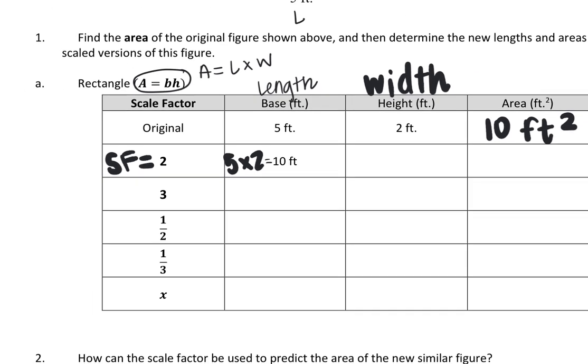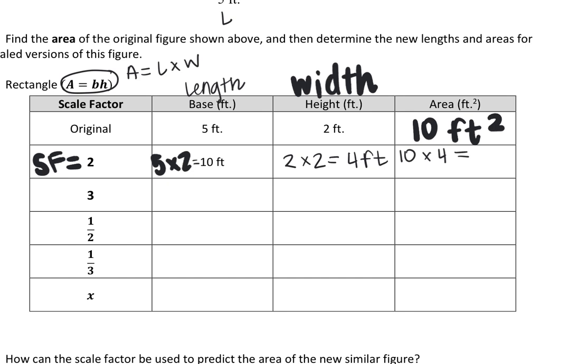So to get my height or my width, I would have to grab 2, which is the original, and multiply it by 2, and I get 4 feet. So I'm just doubling whatever we had for the original, for the length and the width. So 10 feet by 4 feet for the area, so length times width, is going to give you 40. And it's feet squared.